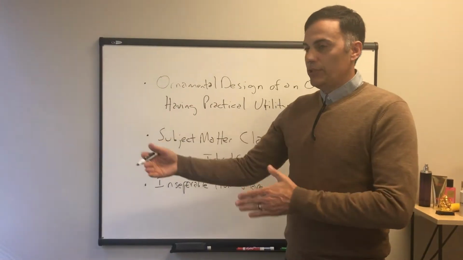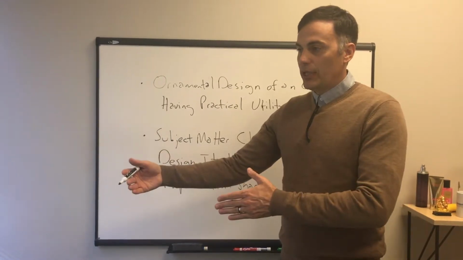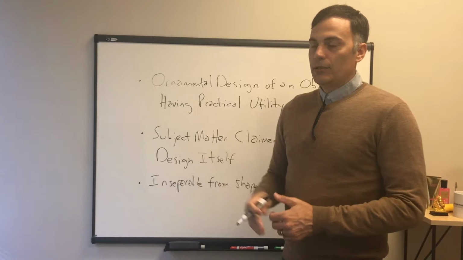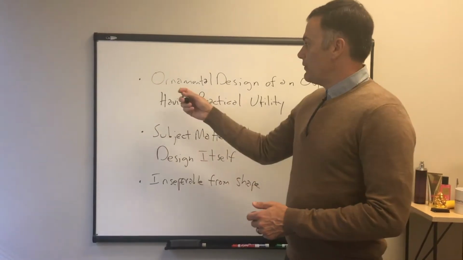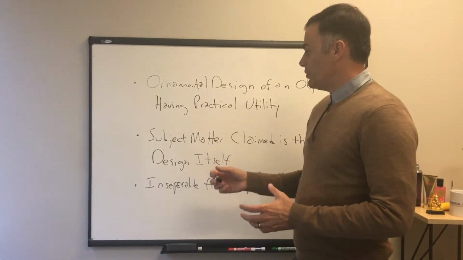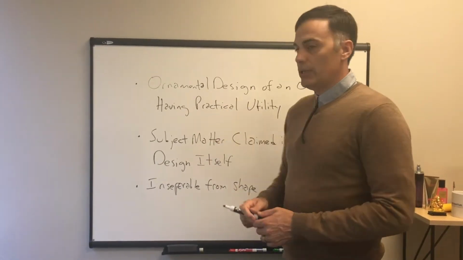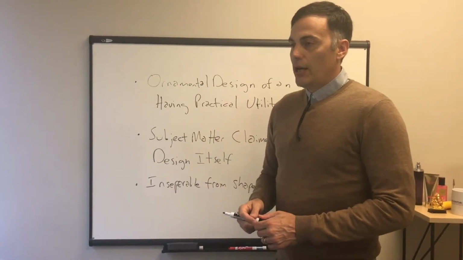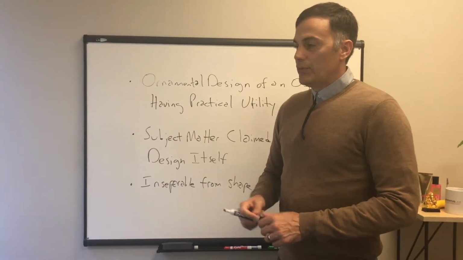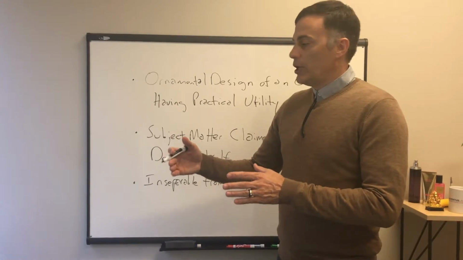So we filed not only the technical inventions as utility applications and had those issue, but then we supplemented the intellectual property protection by filing design patents on the look and feel and design of the mobile device itself.